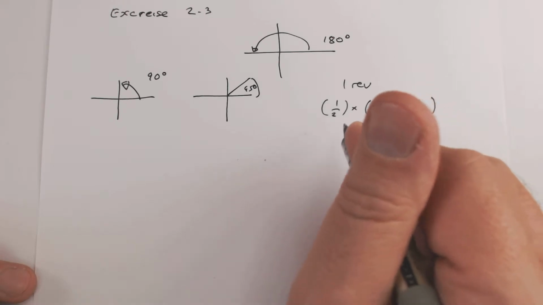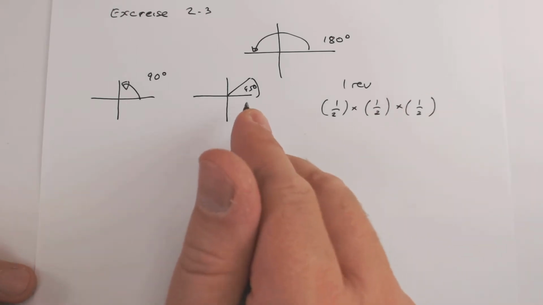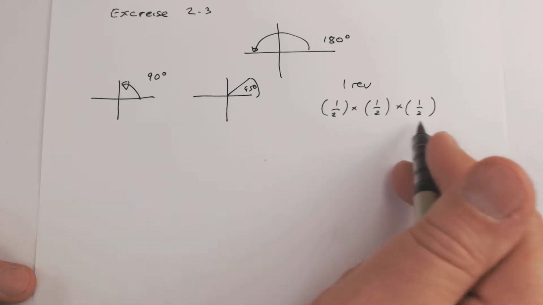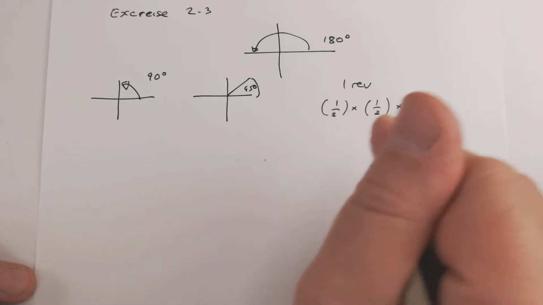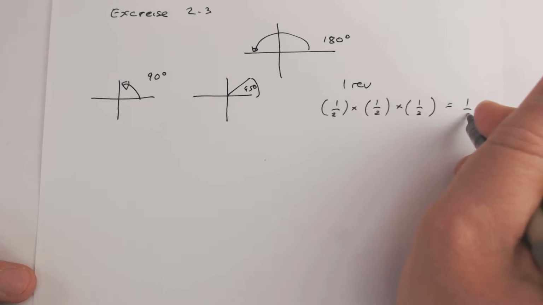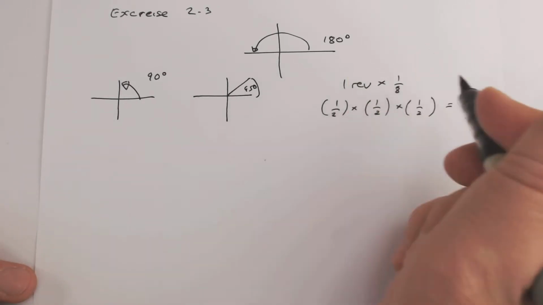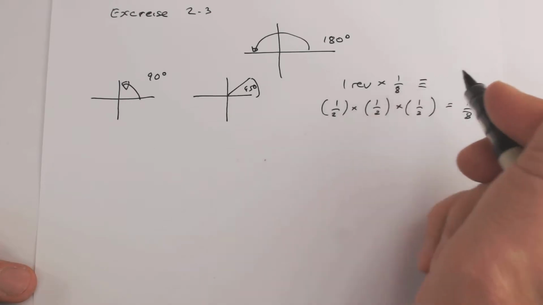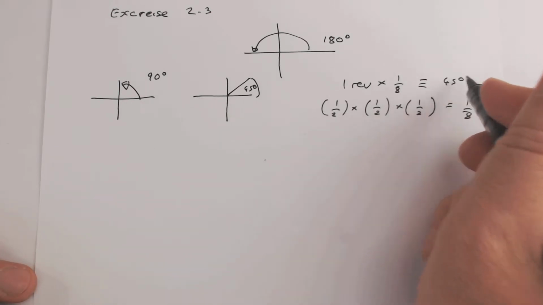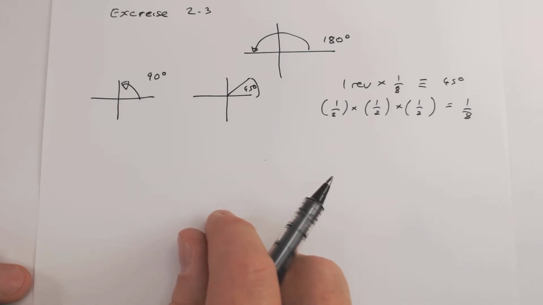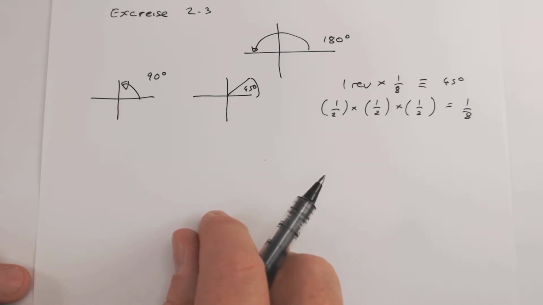Right, so to get to 45 degrees, I need to take my revolution and multiply it by 1/8. So I need to multiply that by 1/8 to get the equivalent of 45 degrees. Right, so that's obviously used that bit.